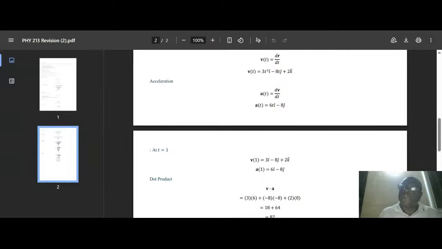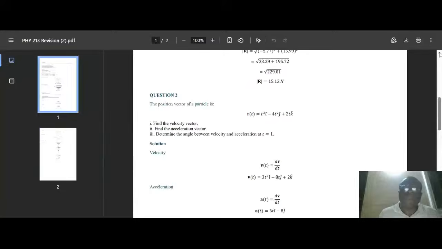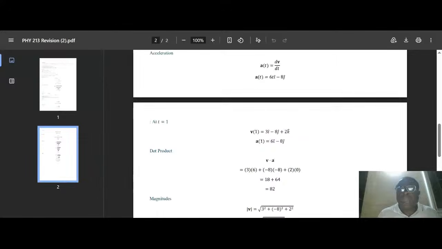Looking at part 3 of the question, determine the angle between the velocity and acceleration at t equal to 1. We appeal to dot products.